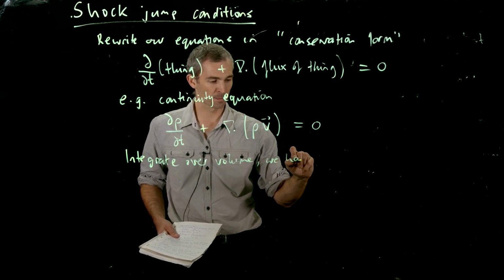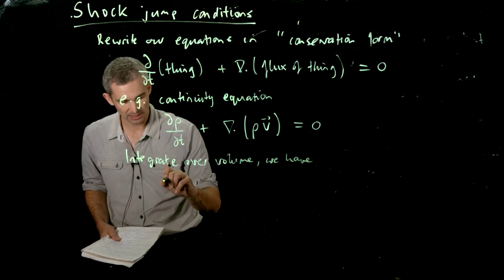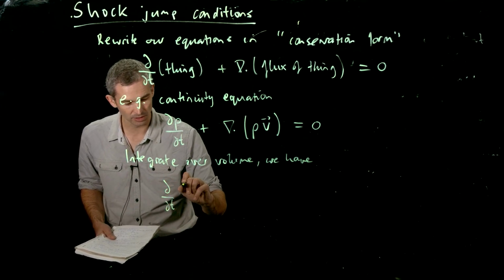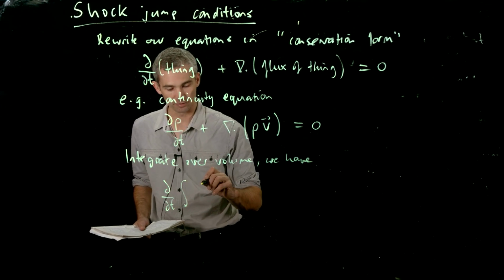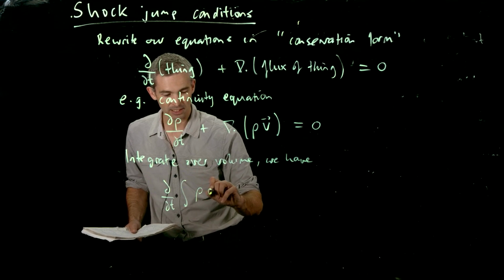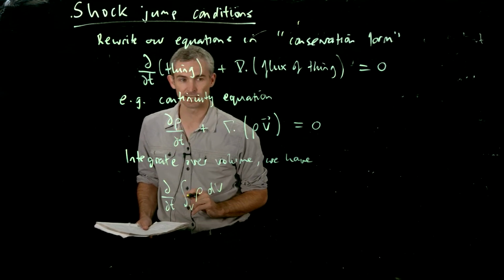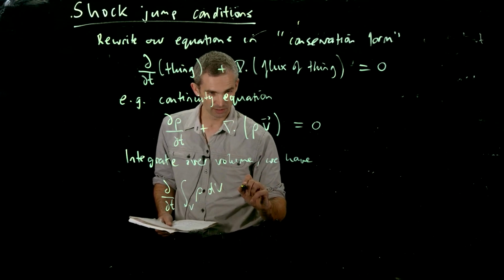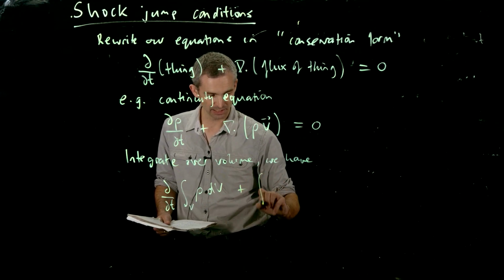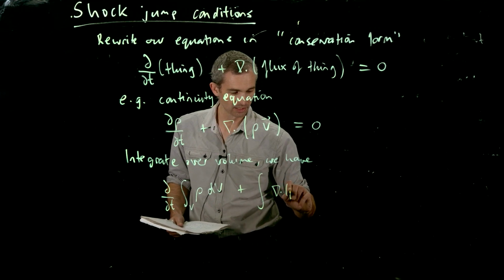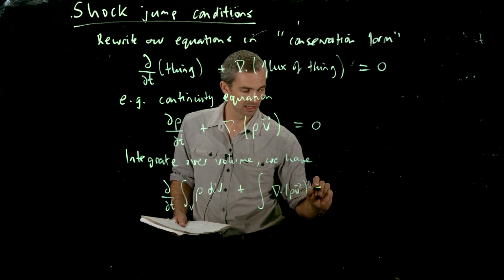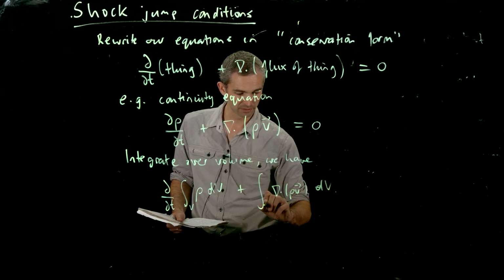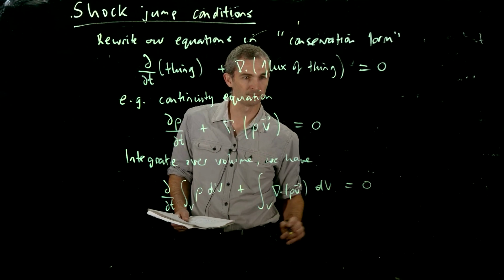So if we integrate over volume, we get a d dt. Now the integral can go into the time derivative because those two commute. Integral of rho dV. Now you'll notice that's simply the mass, the total mass in a volume. Now this one is the integral of the divergence of rho times velocity dV over the volume equals 0.